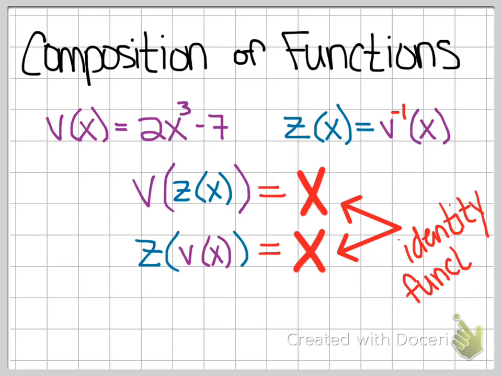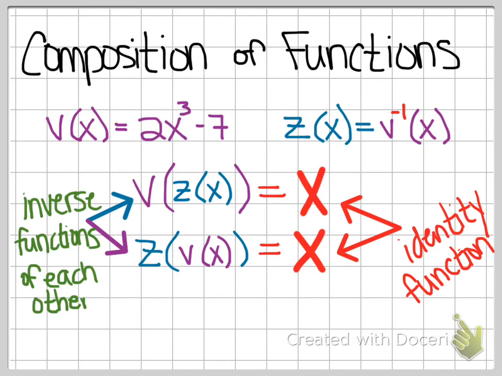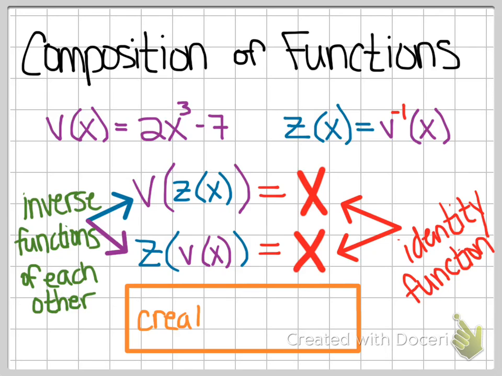So x is actually the identity function. And when I compose inverse functions within each other, taking one input, getting an output, and then taking that output and making it another input, I'm actually creating x pairs for each other, similarly to the 0 pairs and the 1 pairs of addition and multiplication.